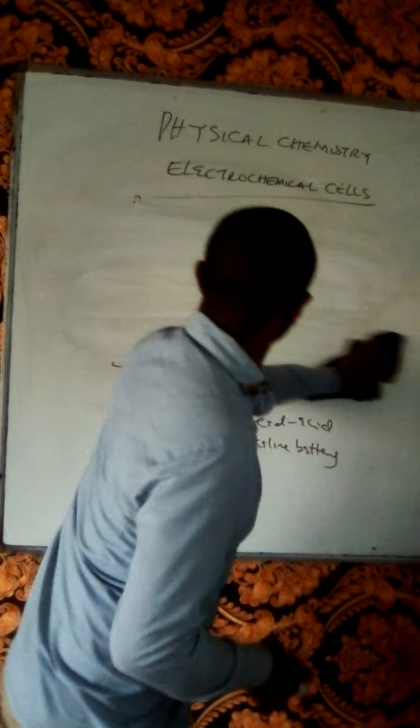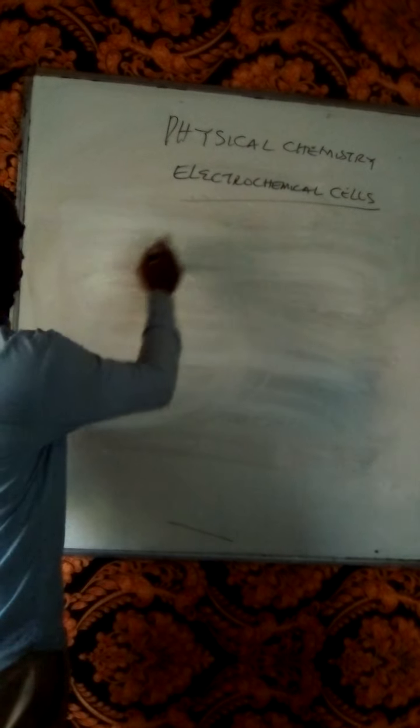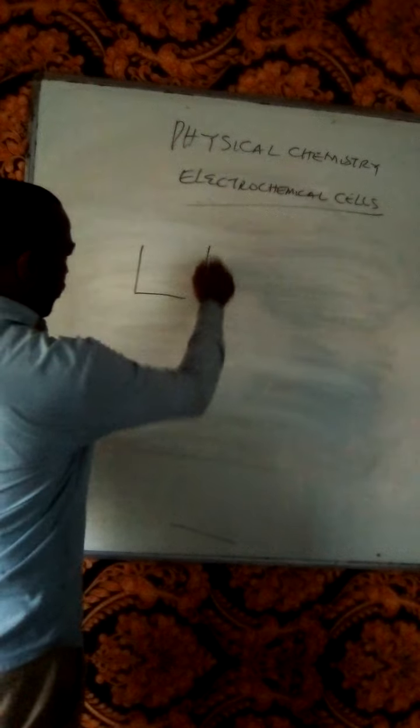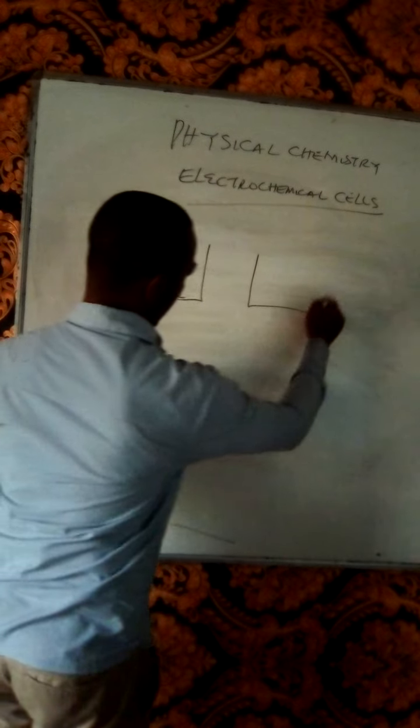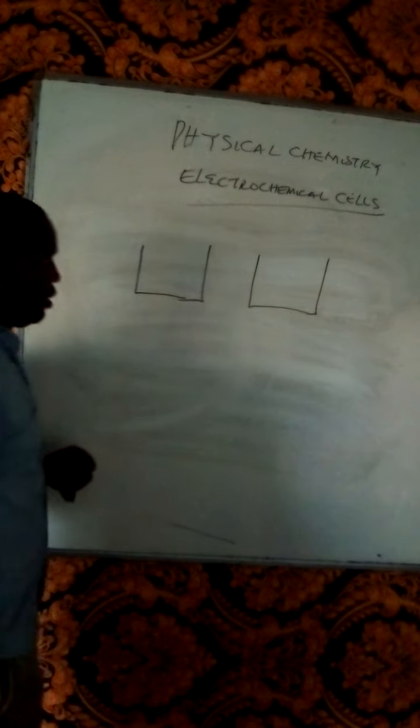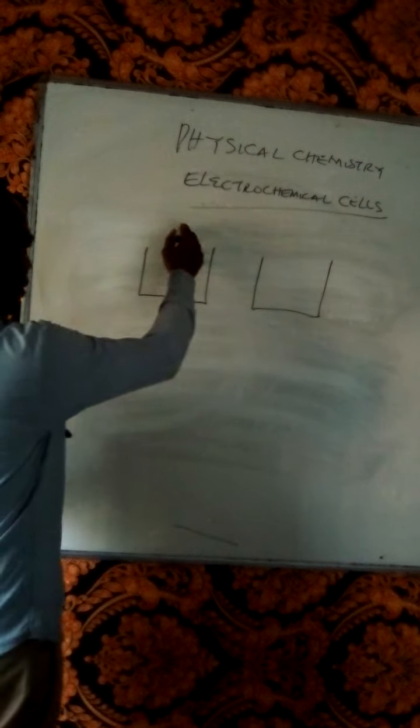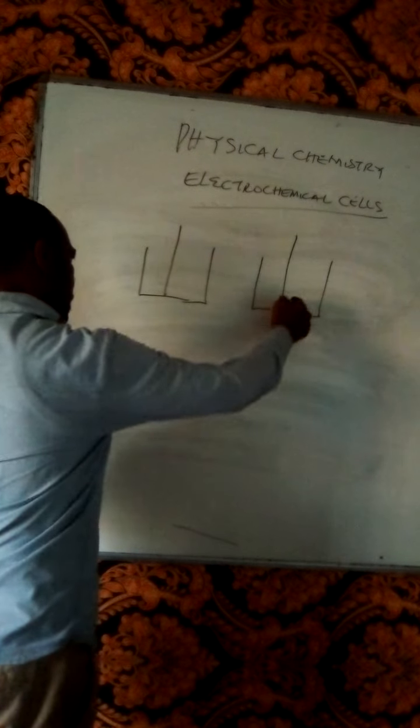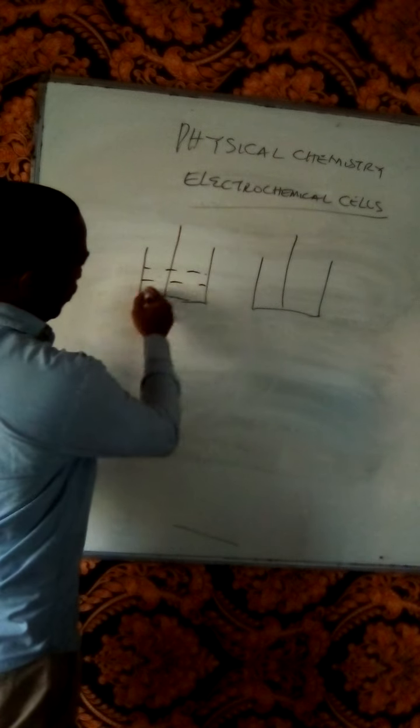So having done that, now let's discuss the concept of a simple galvanic cell. A simple galvanic cell consists of two containers. Inside these containers, we have metals placed in each of the containers, and then solutions of salts in them.